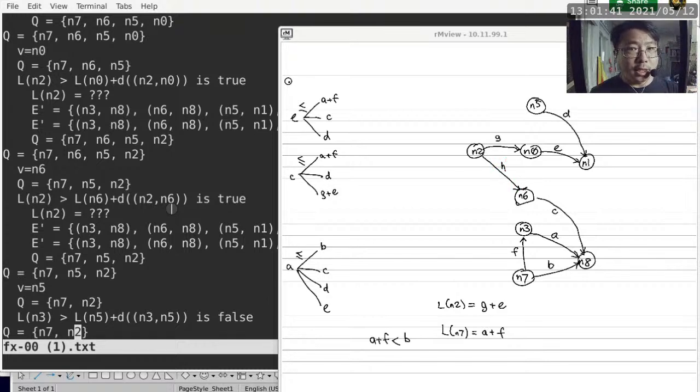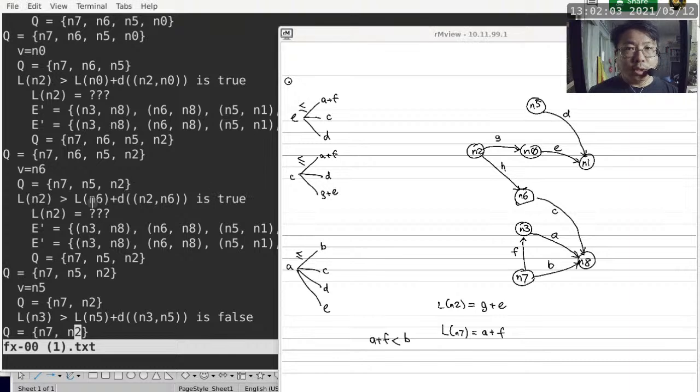I'm just picking a letter to represent the distance of an edge. Okay, in this case, it is H. So we are looking at H, which is D of N2, N6, and we add it to L of N6. L of N6 is only C, so we are looking at C plus H as a sum.